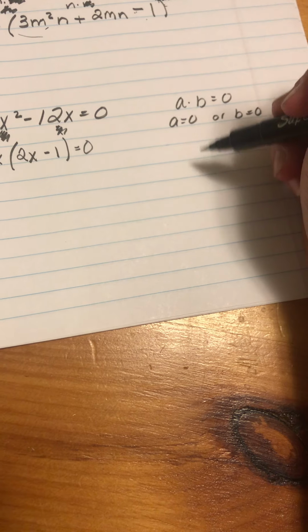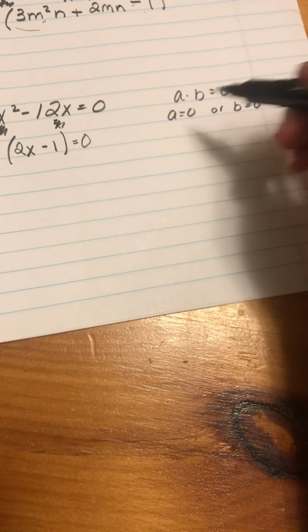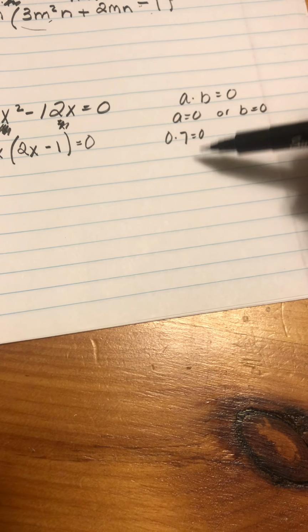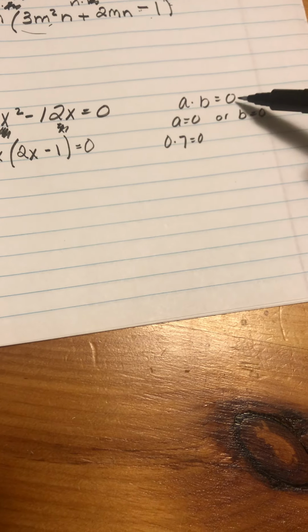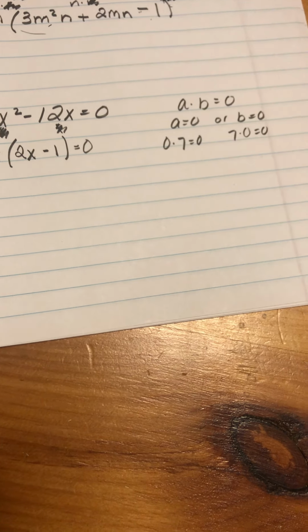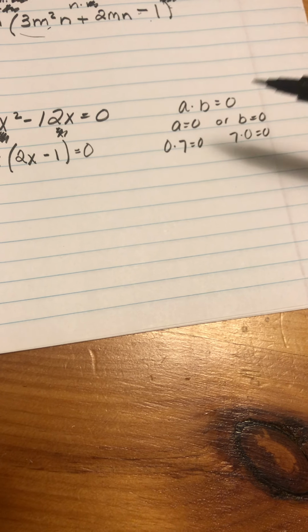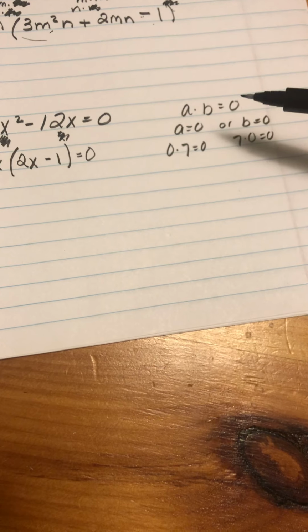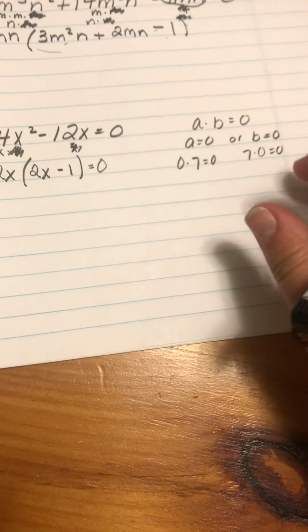So what that's saying is if I said 0 times 7 equals 0, right, then my a equals 0. One of these has to be 0 in order for my answer to be 0. I could do 7 times 0 equals 0. So all it's saying is if you're multiplying 2 things together and it equals 0, one of those 2 things has to equal 0. Because you can't multiply 2 numbers together and get 0 if one of them is not 0.